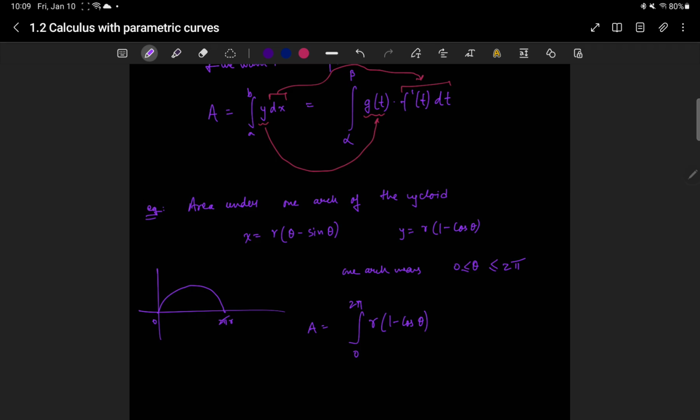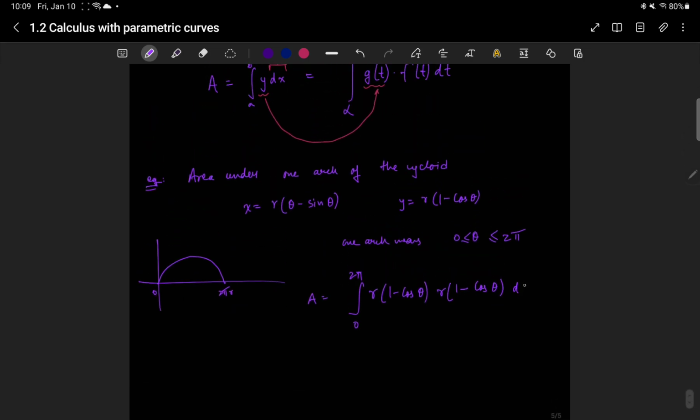and we have the dx, f prime of t dt, which is going to be r(1 minus cosine theta), because the derivative of theta is 1 and the derivative of sine theta is cosine theta.